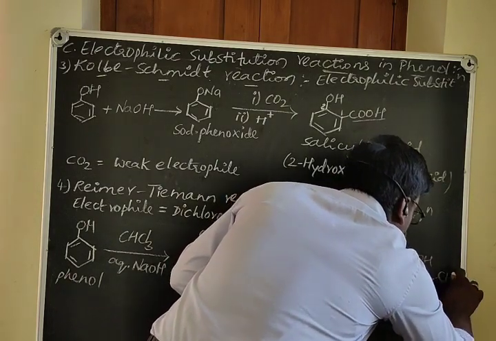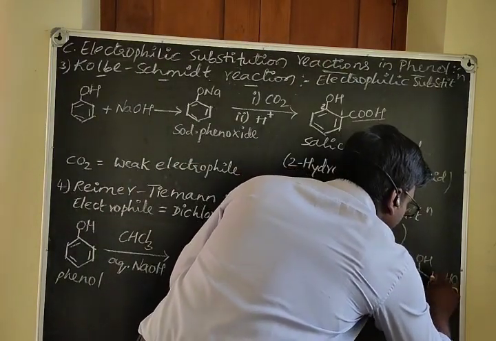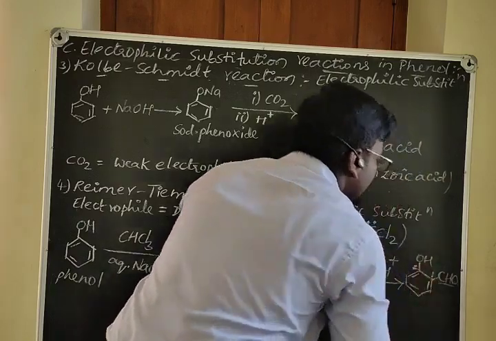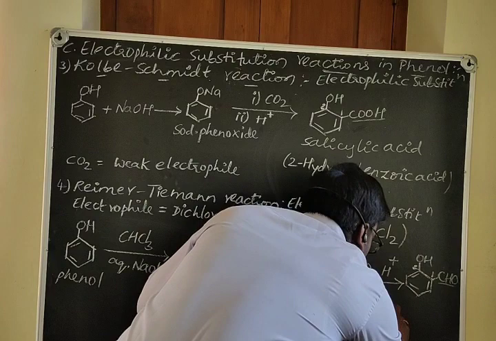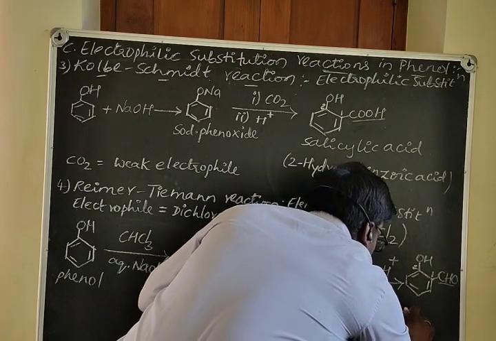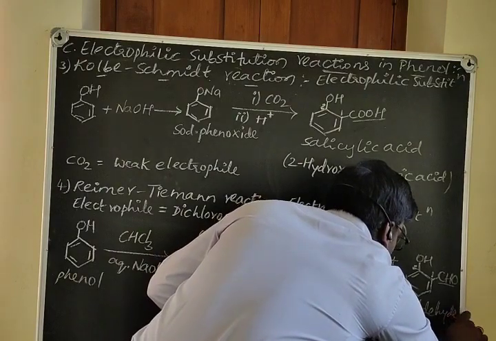See here, the major functional group is CHO and its position is 1, and the minor functional group is OH, its position is 2. So what is the common name of this compound? Salicylaldehyde is the common name.